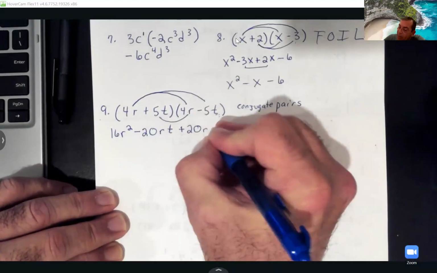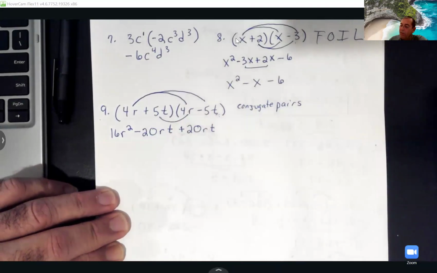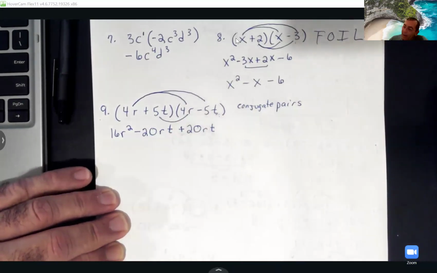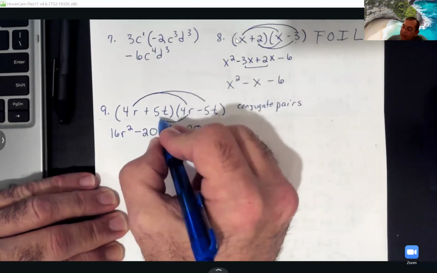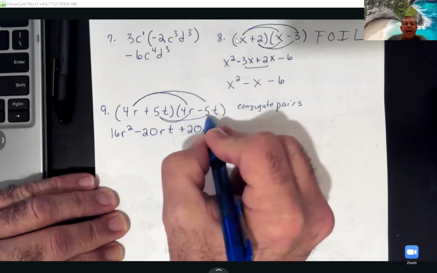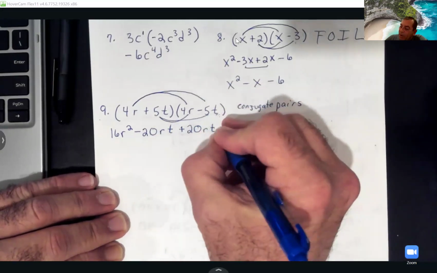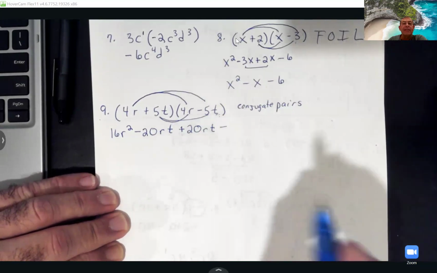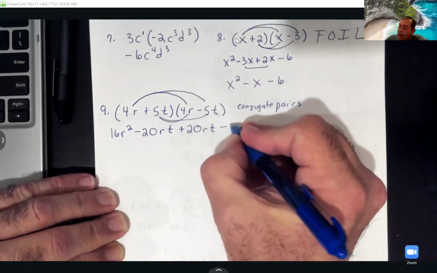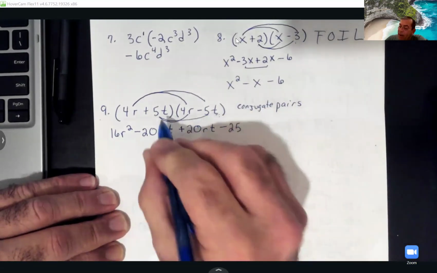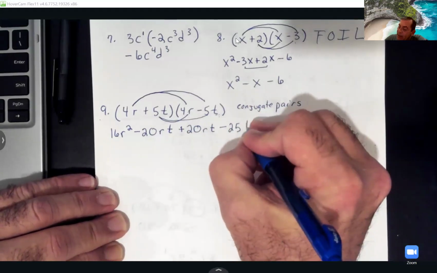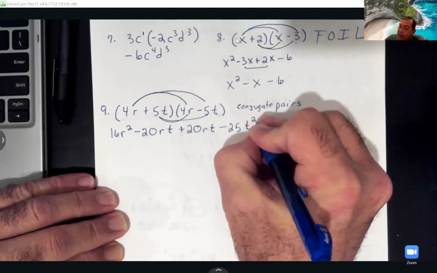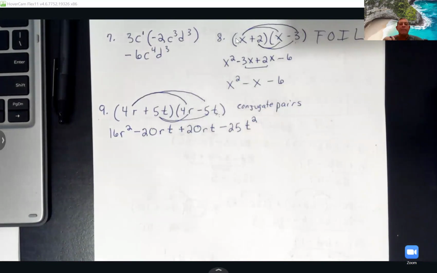But I'm just going to keep them in alphabetical order. And then this 5t times -5t. That's going to be a negative because I got unlike signs. 5 times 5 is 25. And then the t times t is a t squared.